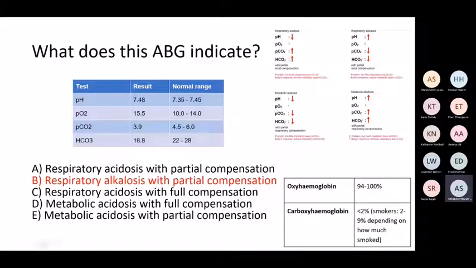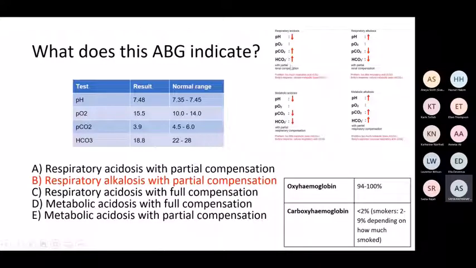So just to go through the different types. We've got a high pH, so that's alkalosis. The way you know if it's respiratory or metabolic is looking at the CO2 and the bicarb.